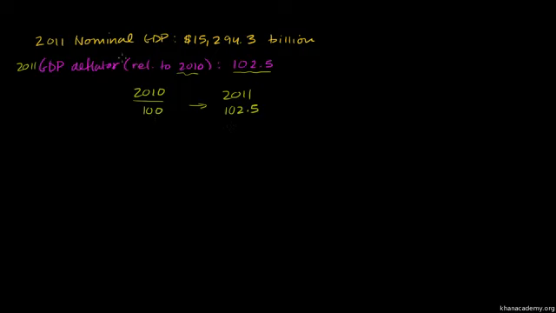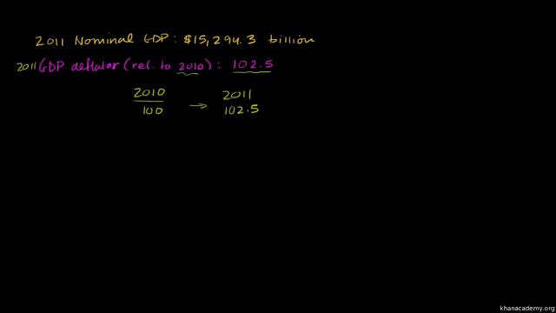Now with that out of the way, we know what the nominal GDP is, the GDP measured in 2011 dollars, often called the current dollar GDP. We know what the deflator is. Can we figure out the real GDP in 2011? It will be the real GDP in 2010 dollars, since we have the deflator relative to 2010.